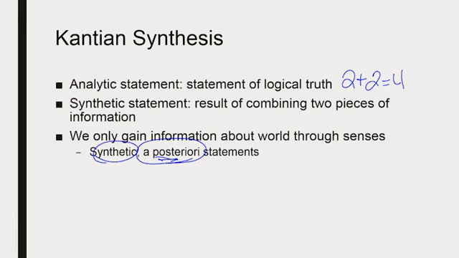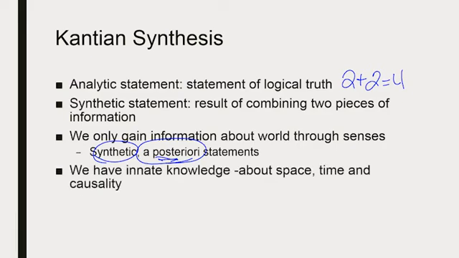The thing is, Kant said we also have innate knowledge. We have innate knowledge about space, time, and causality. When I make claims that involve space, time, and causality, I make synthetic statements because I combine information.